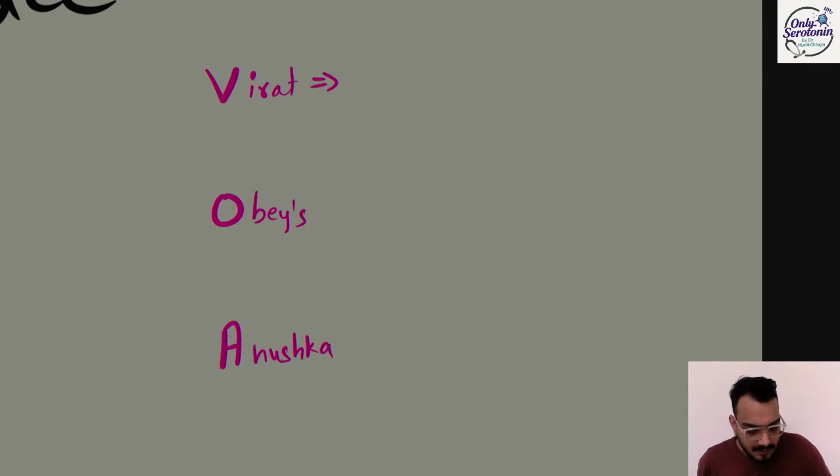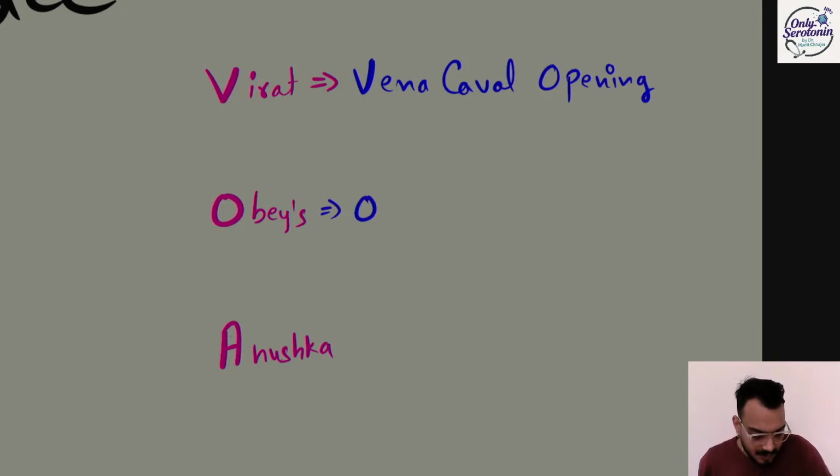Virat is for what, guys? Virat is for vena cava opening. Obeys is for your esophageal opening. And Anushka is for what? Anushka is for aortic opening.